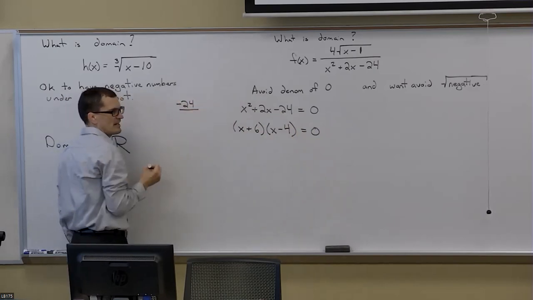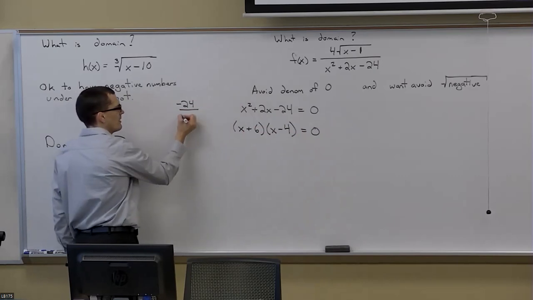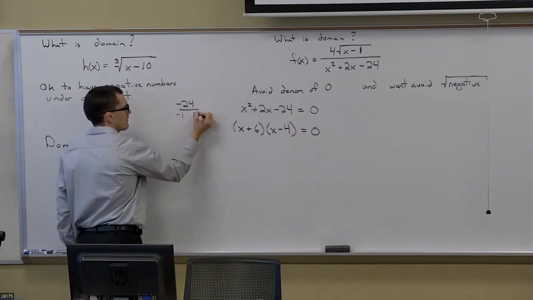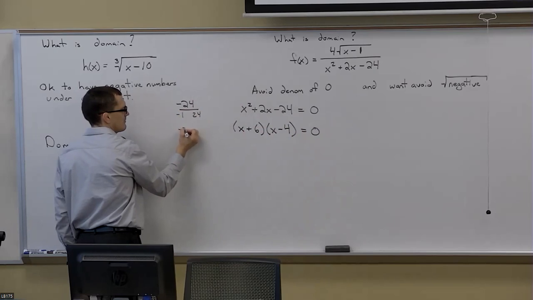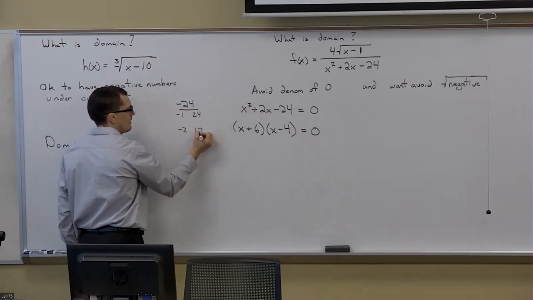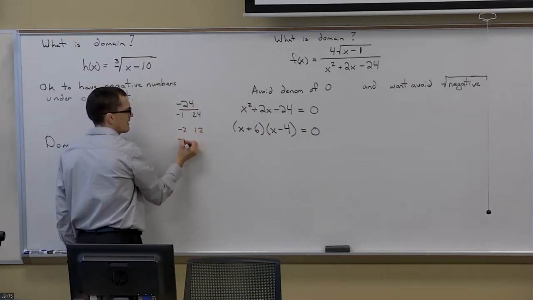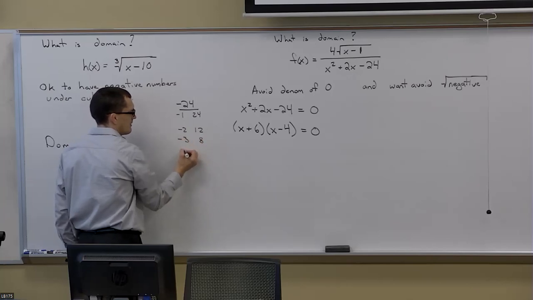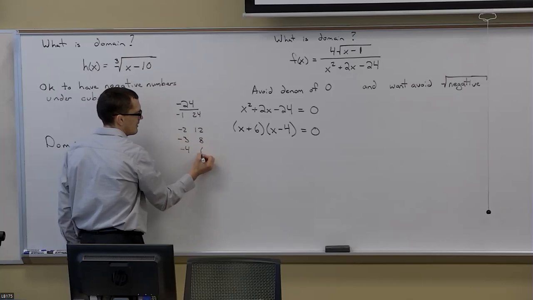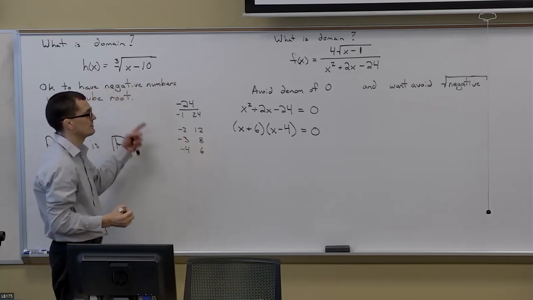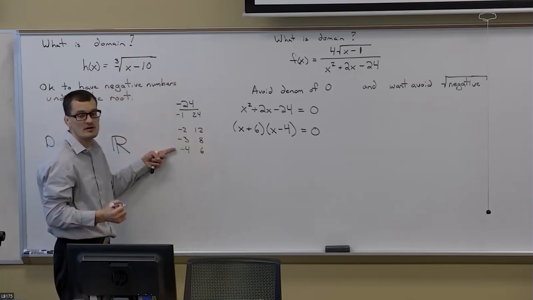You look at factors of negative 24, like negative 1 and 24, negative 2 and 12, negative 3 and 8, negative 4 and 6. And you say, which ones of those add to a positive 2?